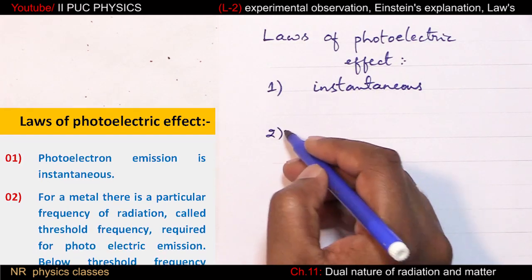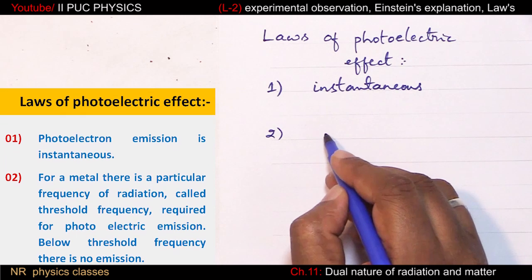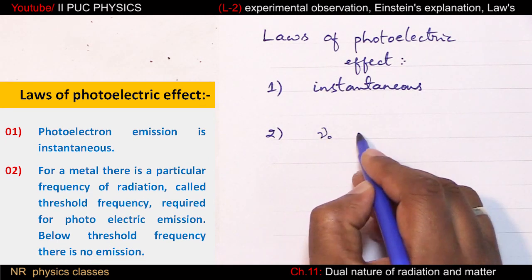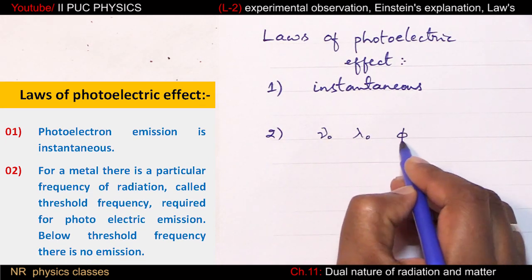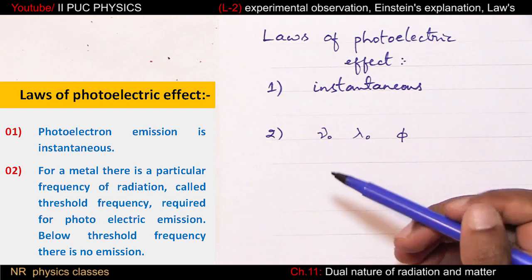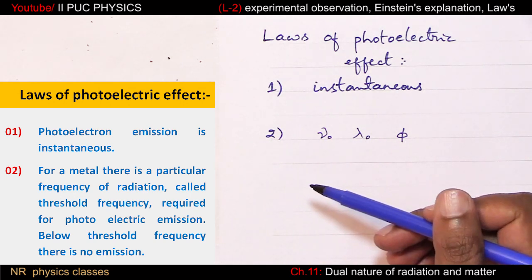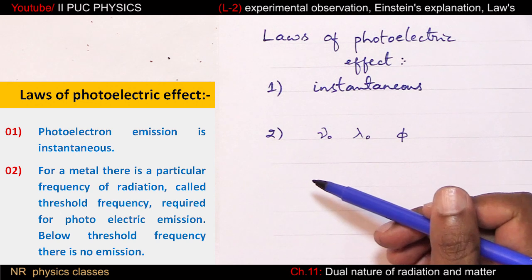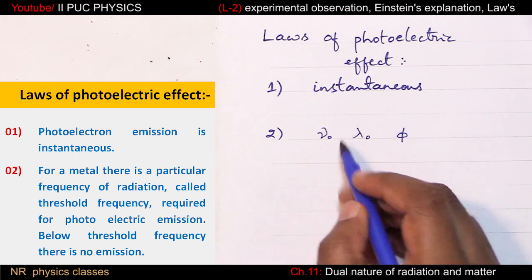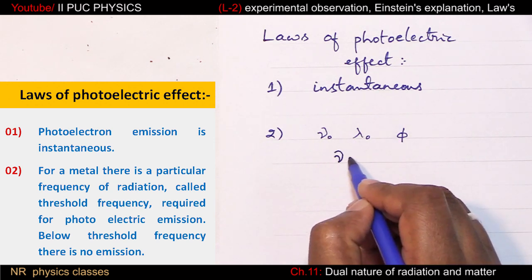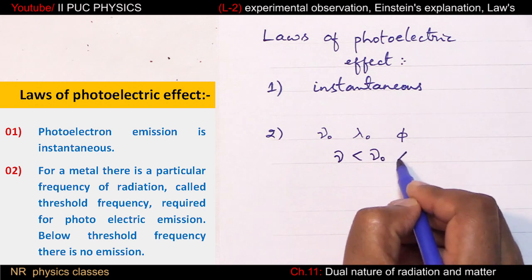Second is related to threshold frequency, threshold wavelength, and work function. For a metal, there is a particular frequency of radiation called the threshold frequency required for photoemission. Below the threshold frequency, there is no emission.